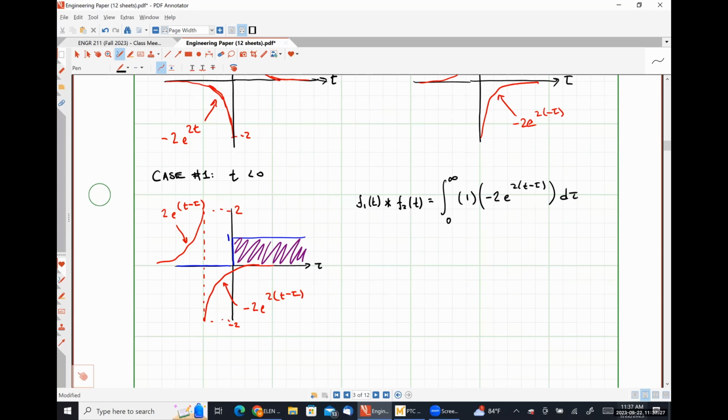Well, I can pull out that factor of -2, because that's a constant, and I can actually pull out a factor of e to the 2t as well, right? So I'm going to have -2 e to the 2t times the integral from 0 to infinity of e to the -2 tau d tau. Everybody okay with that? Yes, Ryder.